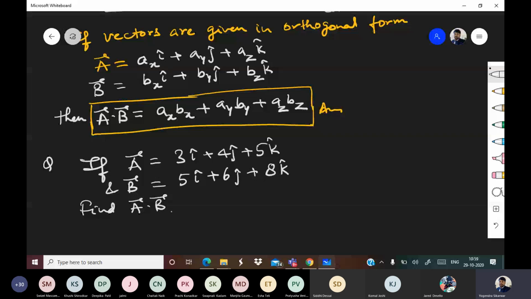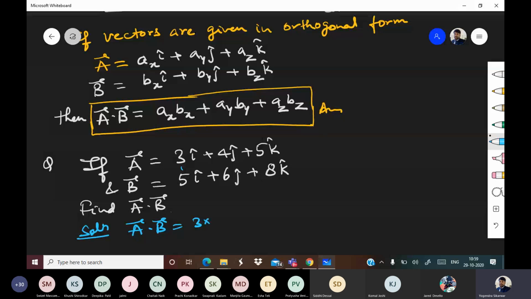Siddhi, we are doing scalar multiplication. We should get a scalar value. Okay, everyone, please pay attention. a dot b will be, now here, 3 into 5. So 3 into 5 will be 15. Plus 4 into 6 plus 5 into 8.